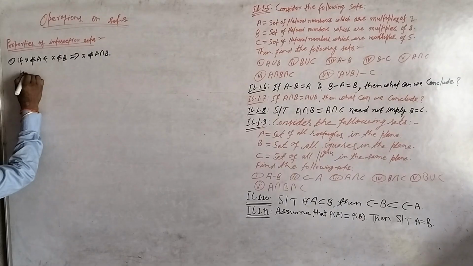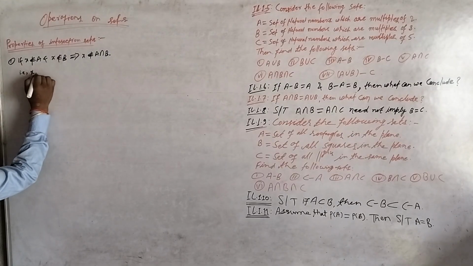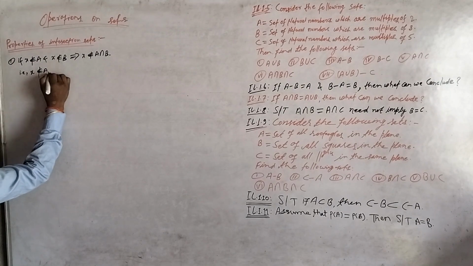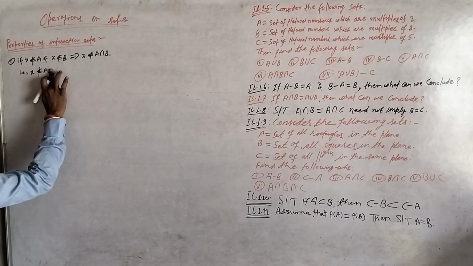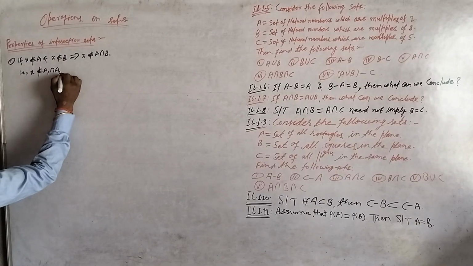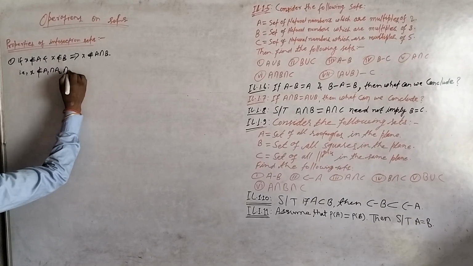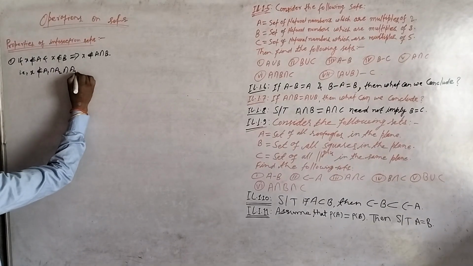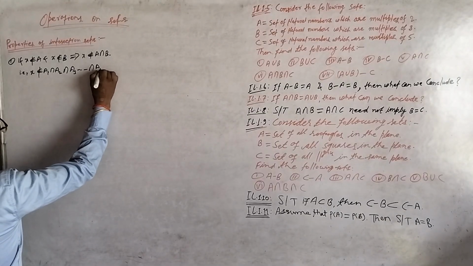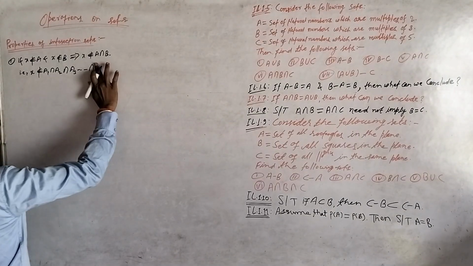In general form, x does not belong to A1 intersection A2 intersection A3 intersection ... intersection An.